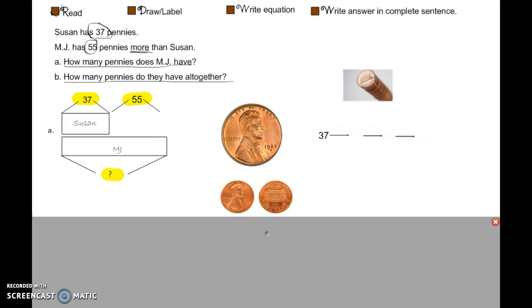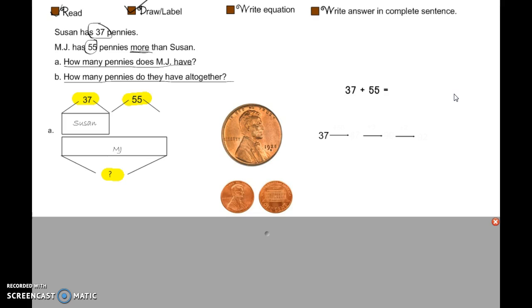So now that I've drawn and labeled, let's check that off of our checklist. I need to write my problem as an equation. So to write it as an equation, it's going to look like this. 37 plus 55 equals blank.